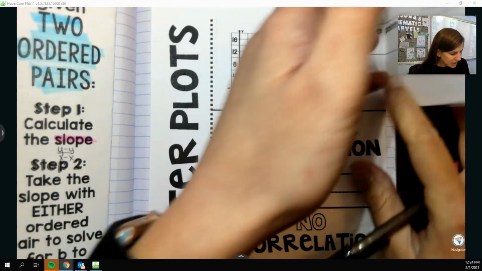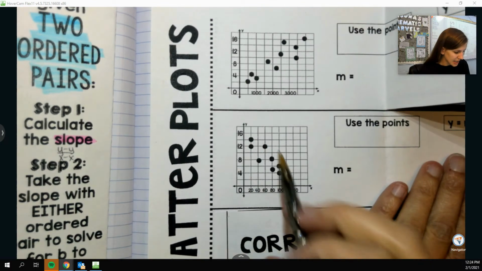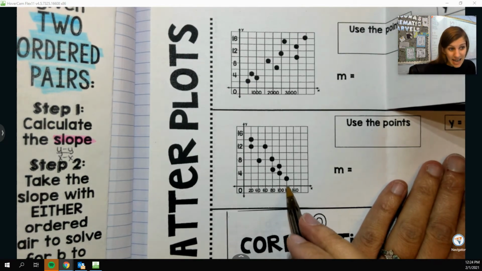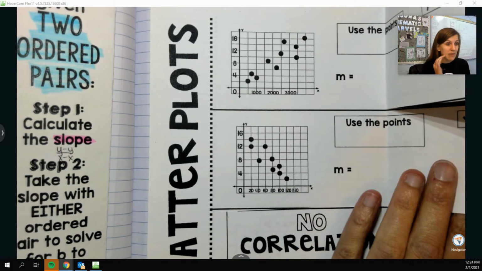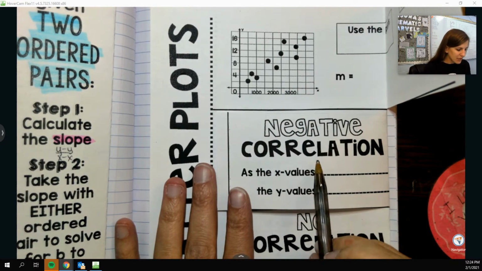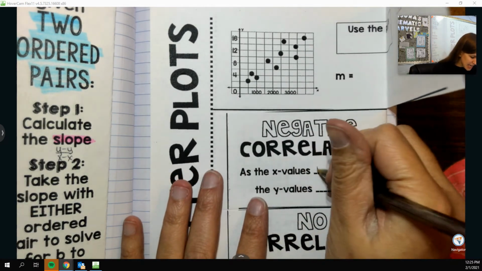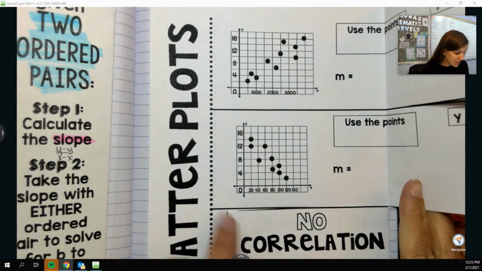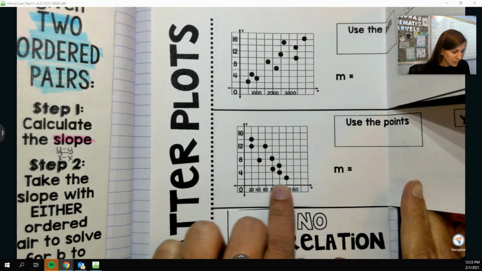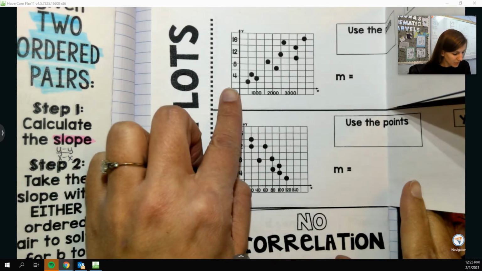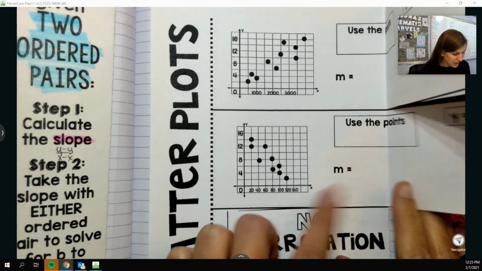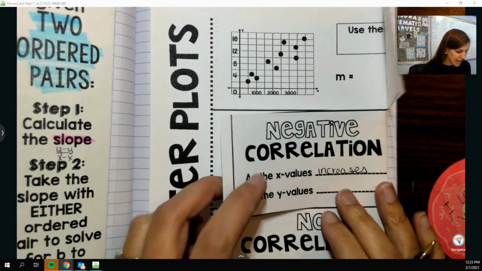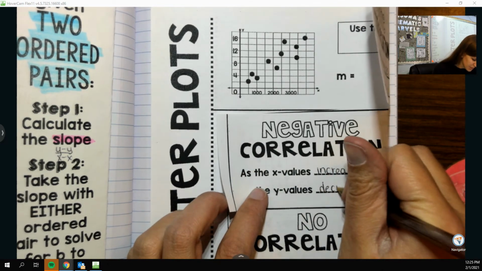Versus something that looks like this one down here, looks like it has negative slope. So when you have negative slope, you have what's called negative correlation. And as the x values are increasing, and I should always think about my x values increasing because I always read my graph from left to right, so x values are increasing, this time the y values are going down, so decrease.